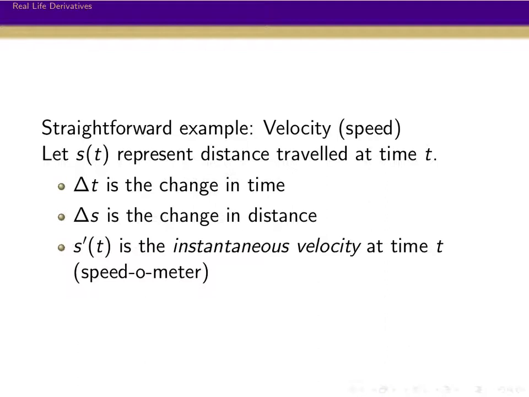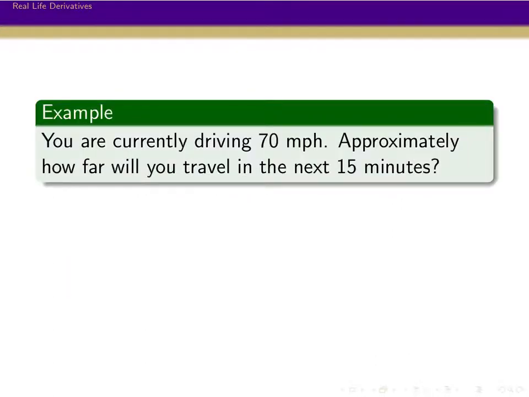Then the derivative at t is going to be talking about the instantaneous velocity at time t. So if s of t is tracking the distance traveled by a car, then s prime of t is the instantaneous velocity. That's what you'd get from the speedometer, how fast the car is moving.